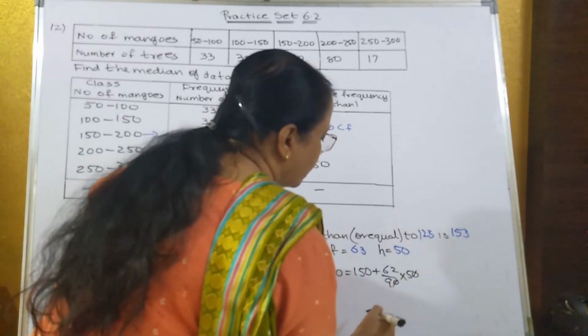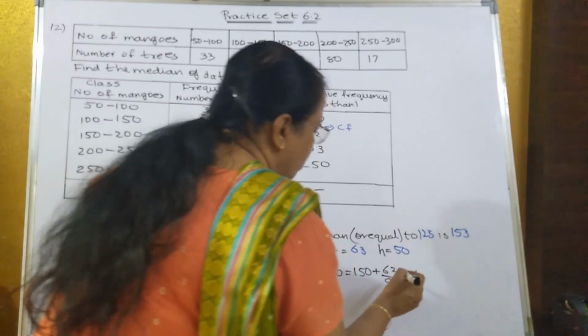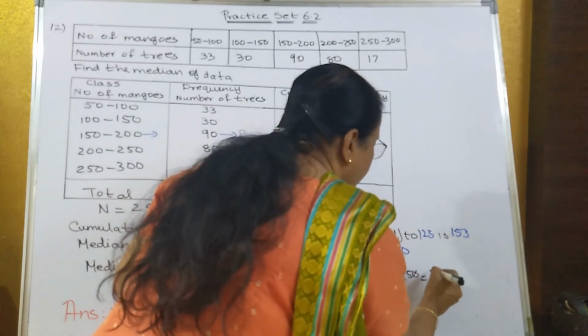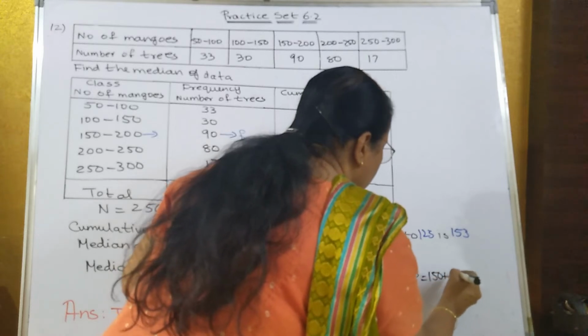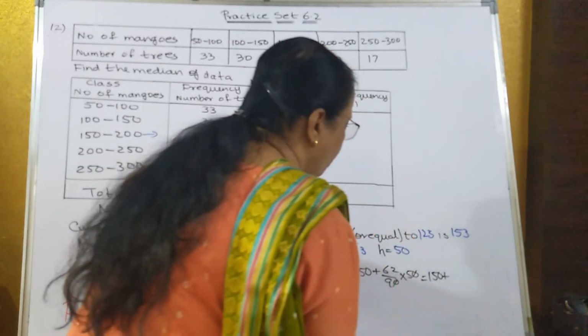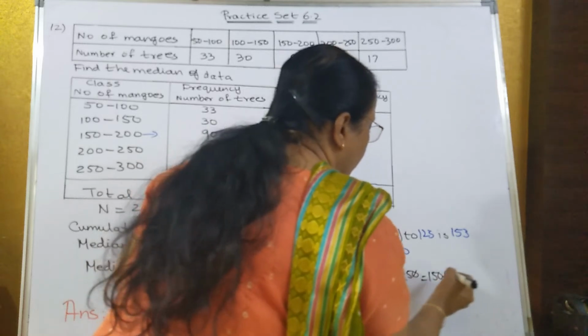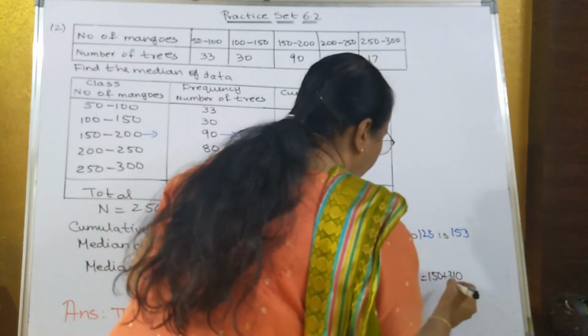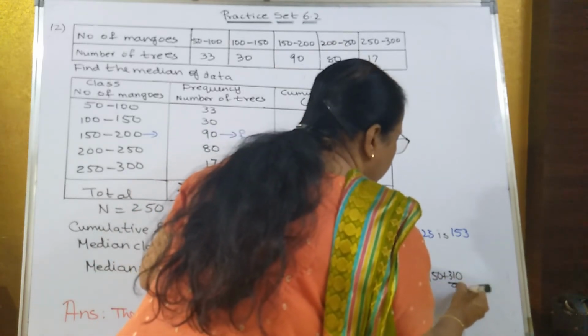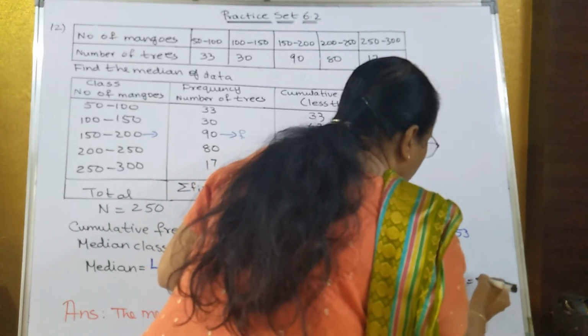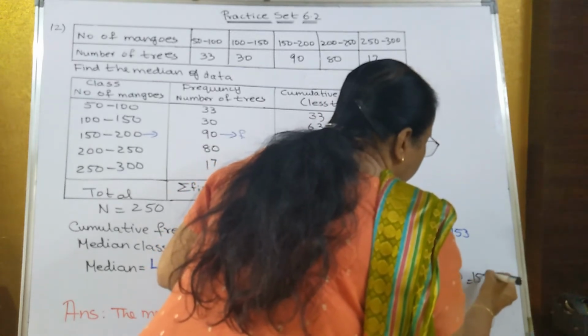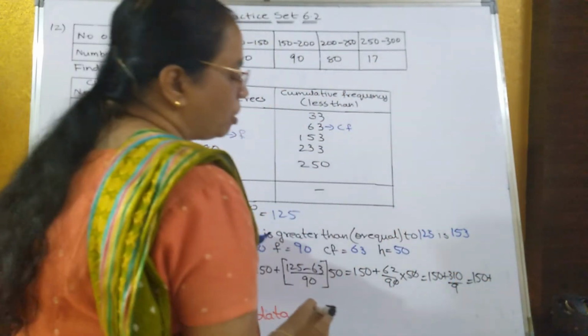So this 0 will get cancelled. 62, that is 150 plus 62 into 5. 62 into 5 is how much? 310 upon 9. That is equal to how much? 150 plus 310 divided by 9.